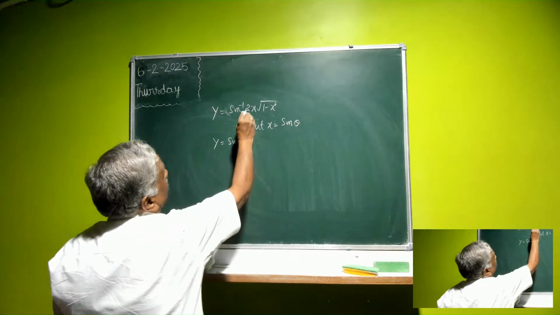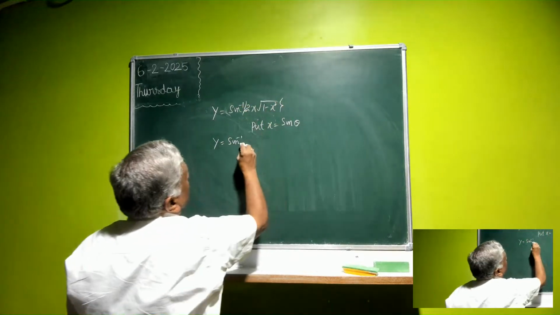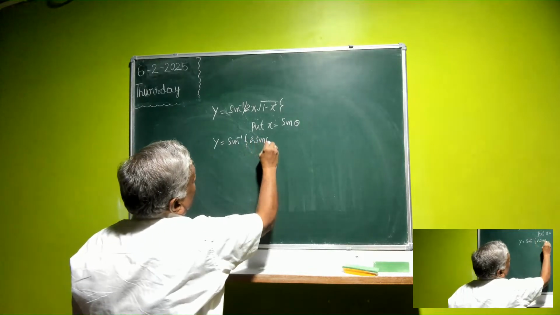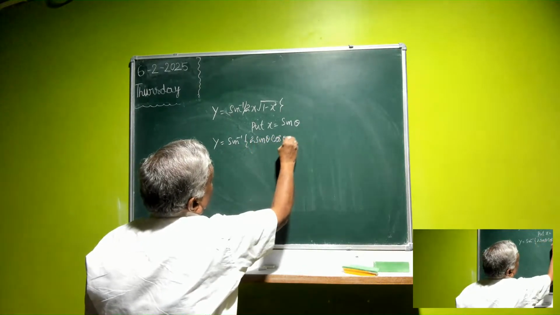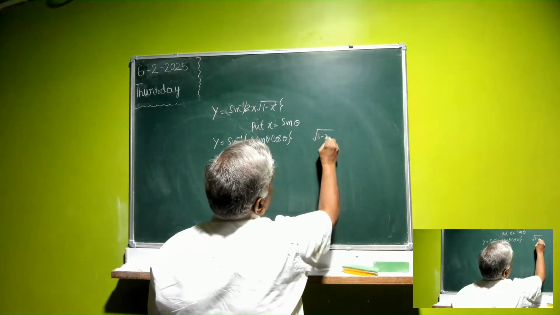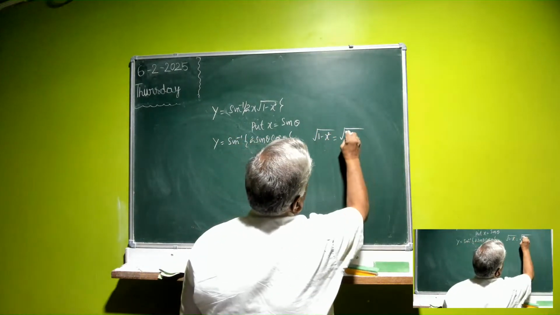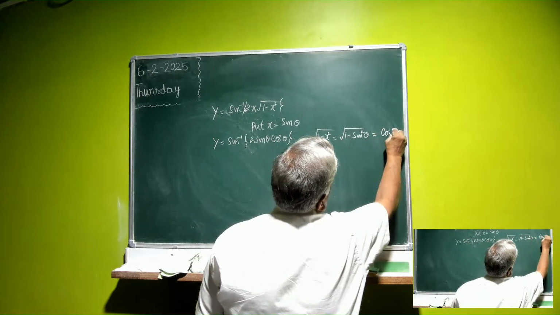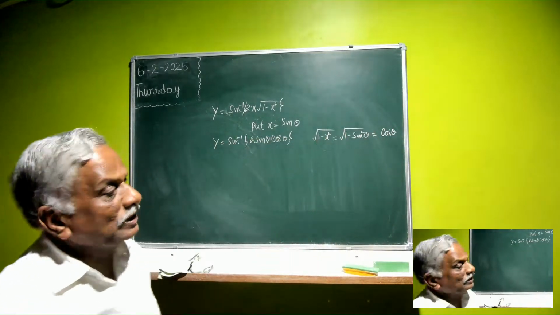Sin inverse of 2 sin theta into cos theta. Why do I get cos theta? Because root of 1 minus x square is root of 1 minus sin square theta, which is cos theta. Actually cos square theta, root will go.